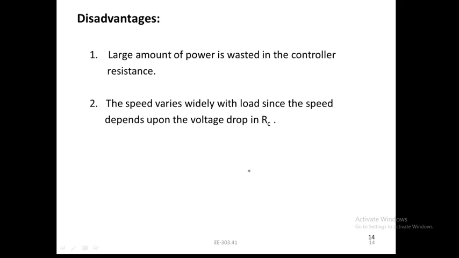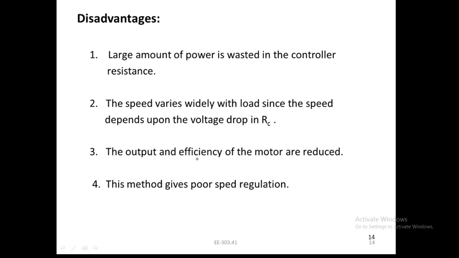Another disadvantage is that the speed varies widely with load. When the load varies, the speed varies, which affects the output, and efficiency also reduces. This method gives poor speed regulation compared to the field control method.